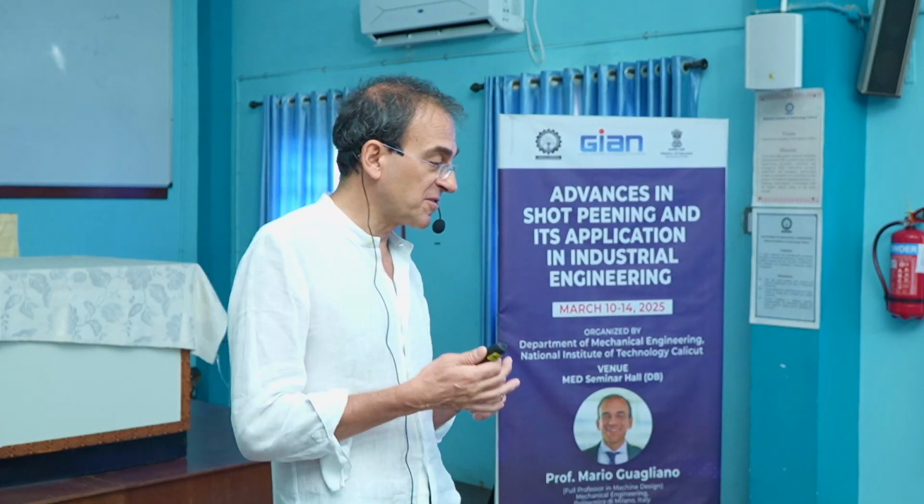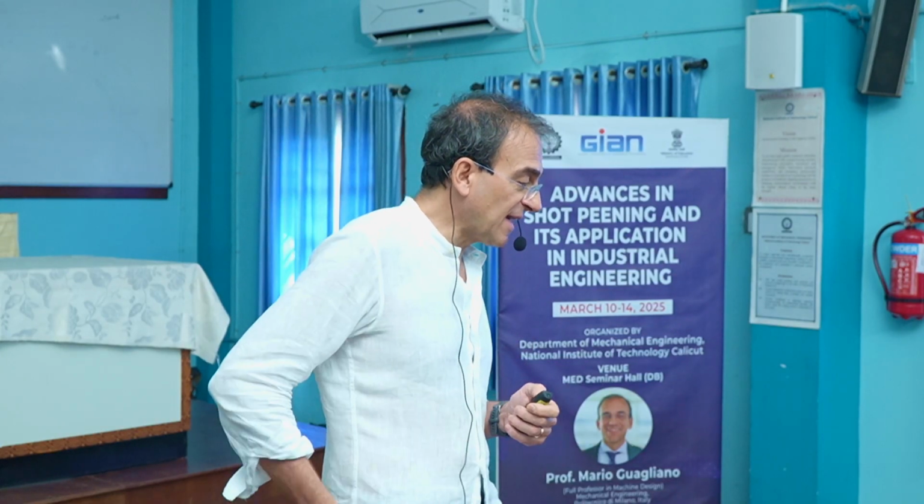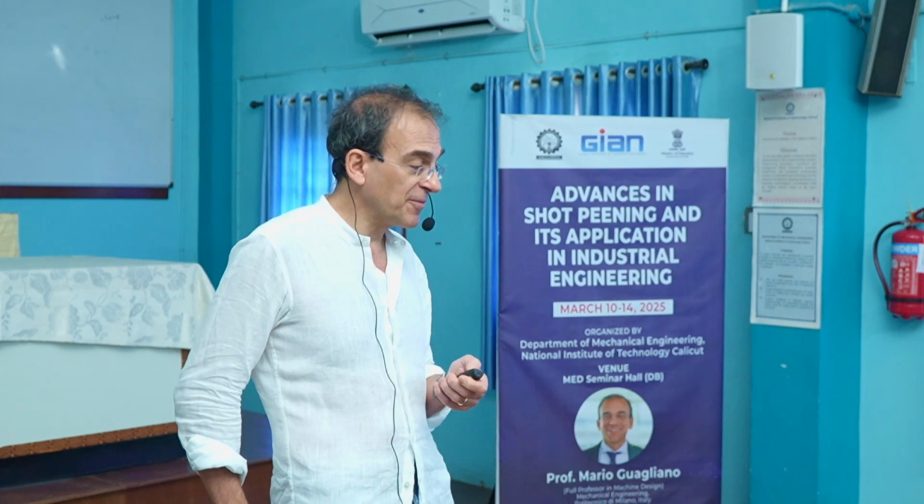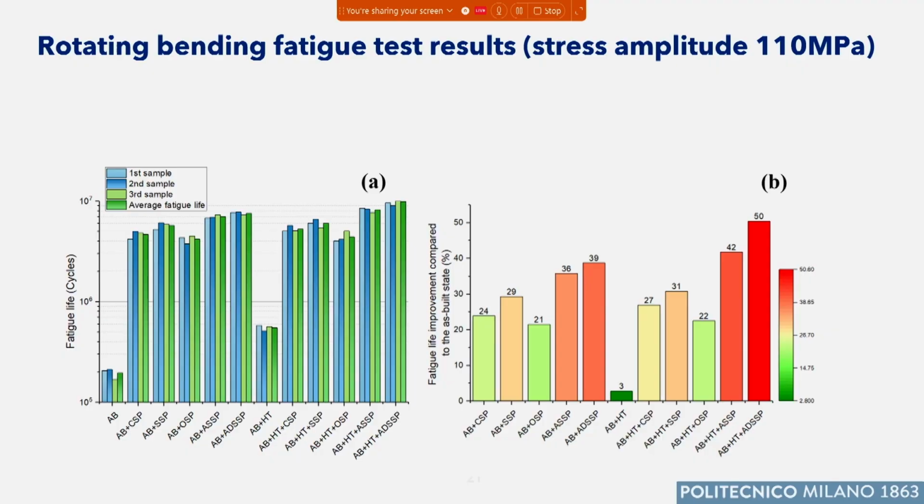They are almost aligned. We see that in the as-built condition the fatigue strength is quite poor, and each peening treatment is able to greatly improve the fatigue strength. Conventional shot peening, severe shot peening a bit more. If we consider over shot peening, it's true that we are damaging the material because we start decreasing the benefit.